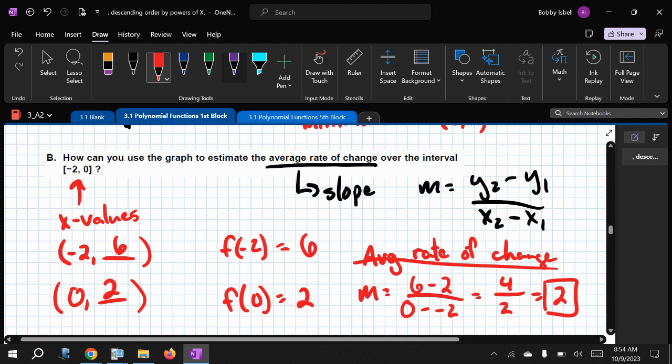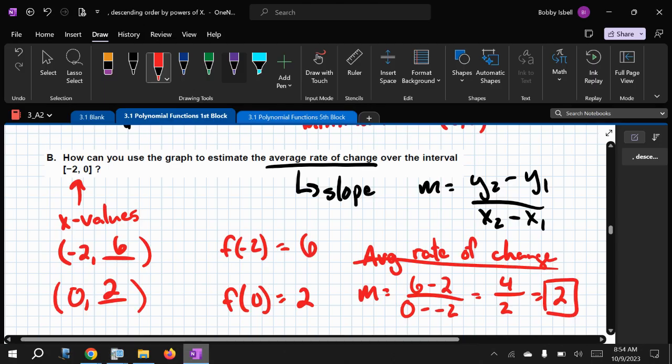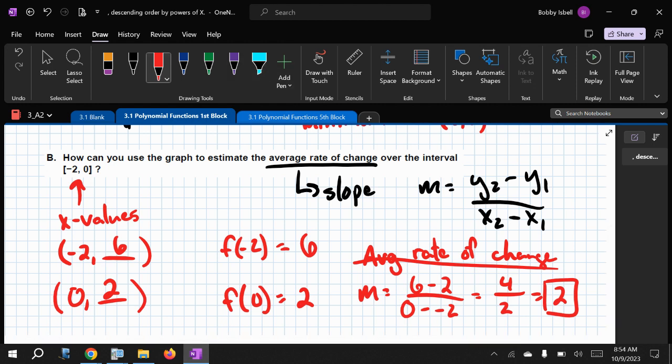If we look at that graph from -2, that's not +2, it should be negative. I mixed up my x values. I didn't do that correctly. Common mistake.